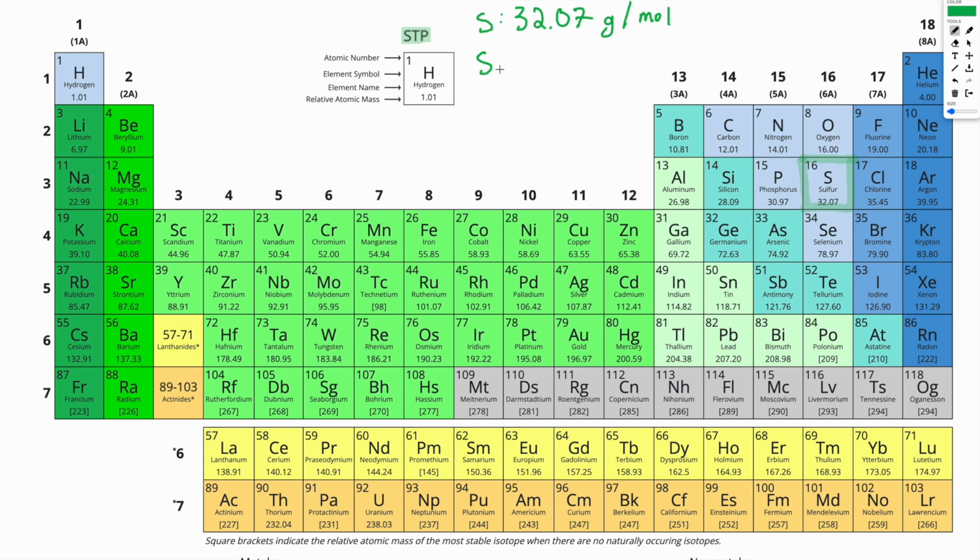So for S8, that has 8 sulfurs in it. So it's going to be 8 times 32.07, which is going to get us 256.56 grams per mole. So there's my molar mass for S8 sulfur.